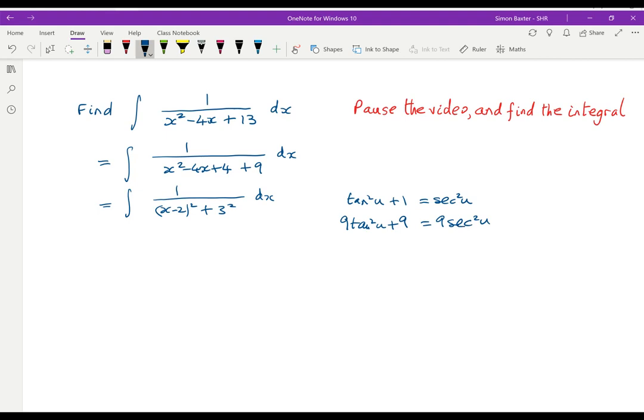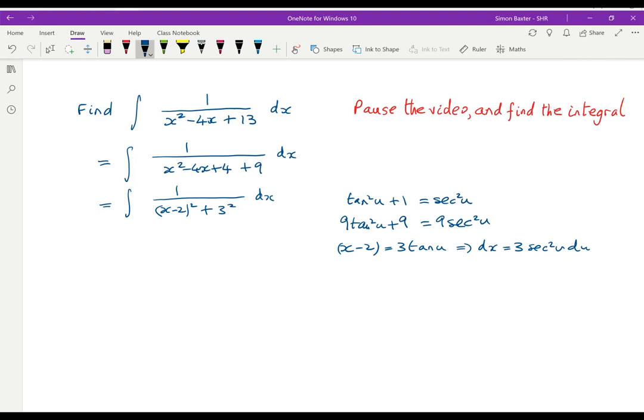And that suggests that we put x minus 2 equal to 3 tan u. That gives us that dx is equal to 3 sec squared u du.